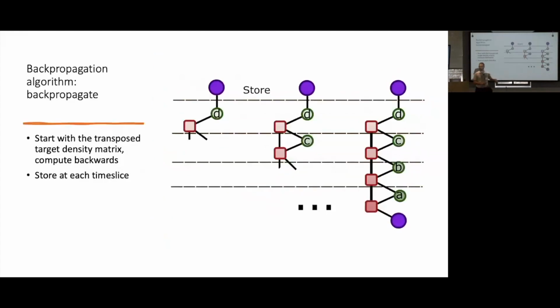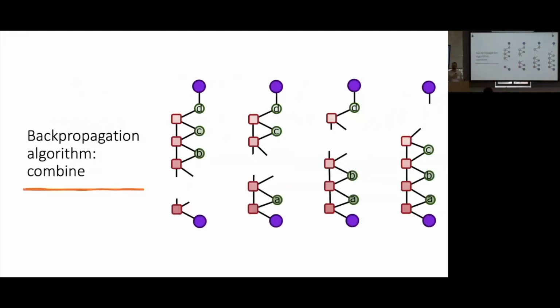Then you do this from the top to the bottom, which is back propagation, again storing the tensors you get at each time step. And then you can just stitch those together to get the whole gradient.